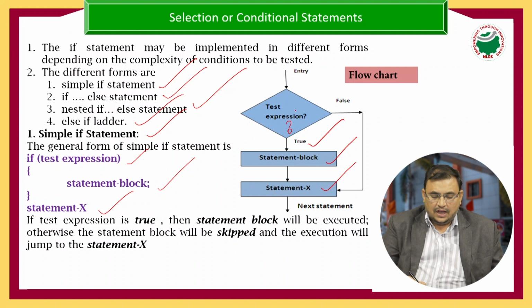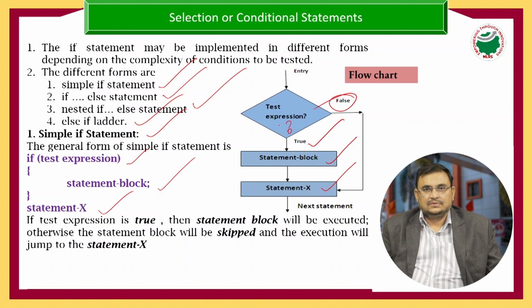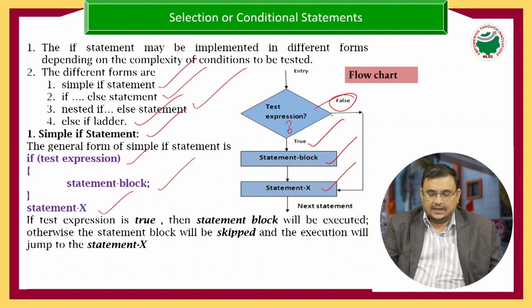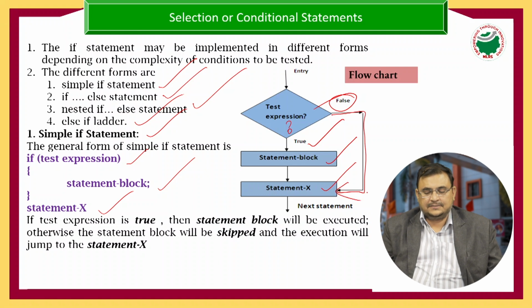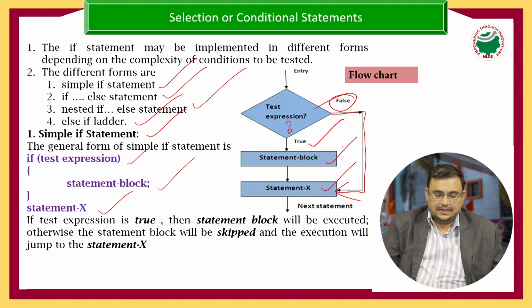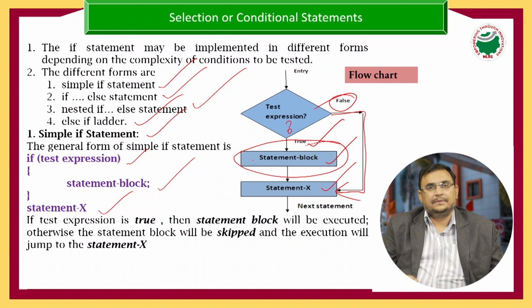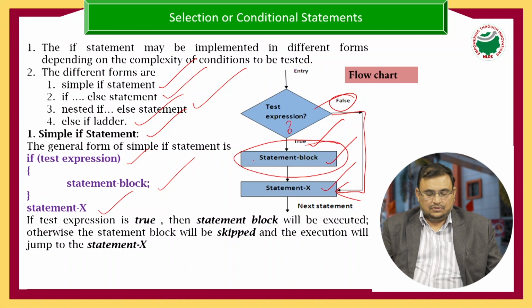Now, assume the test expression result is false. Then control directly goes to statement X, and the statement block is skipped. So, based on the decision, you execute the statement block if it is true, otherwise you skip it, but statement X is executed in both cases.